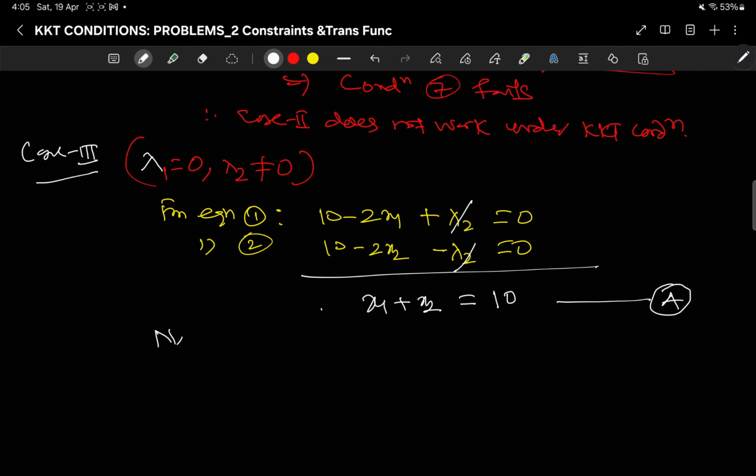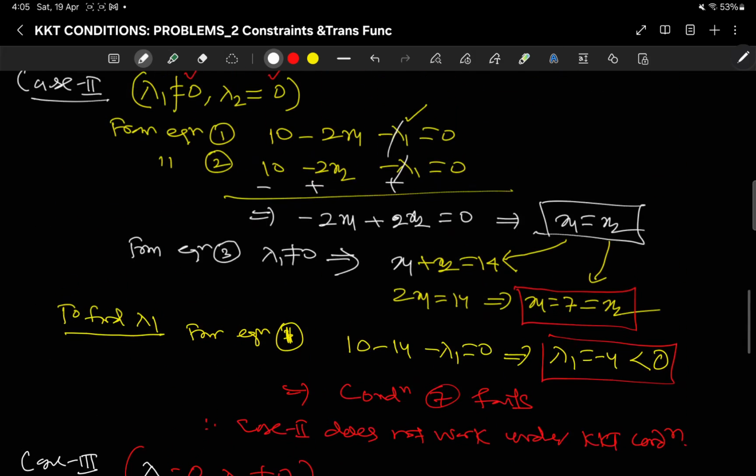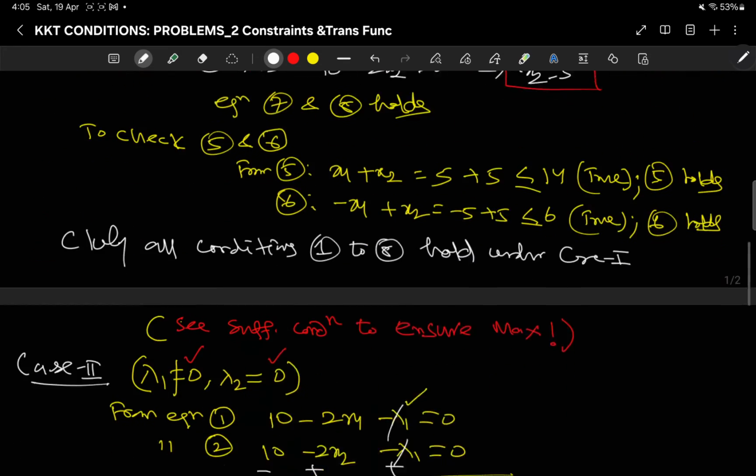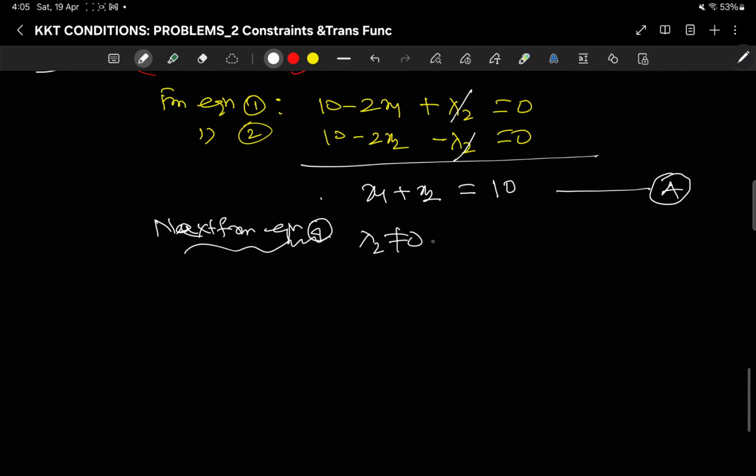Next, from equation 4, lambda 2 is not equal to 0, so the remaining term gives minus x1 plus x2 is equal to 6.